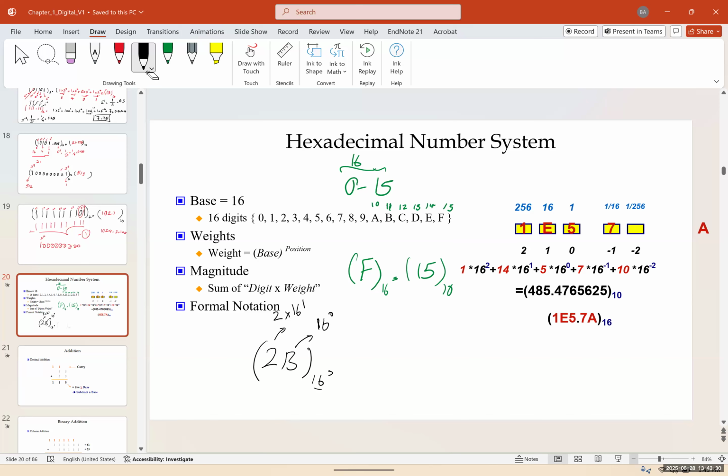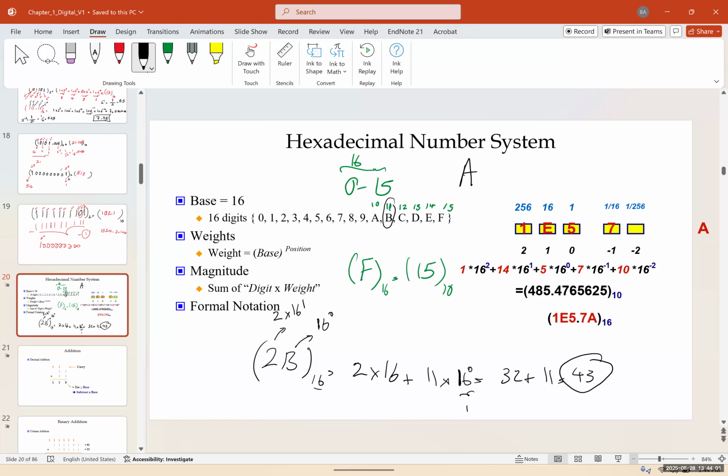So 2 times 16 plus B, which is 11, times 16 to the power of 0, which is 1. So it's going to be 32 plus 11, which gives us 43.